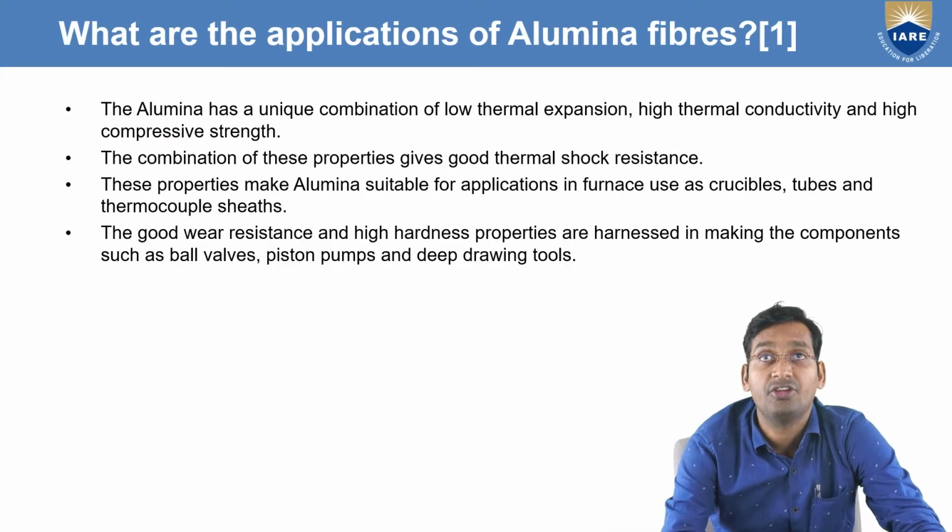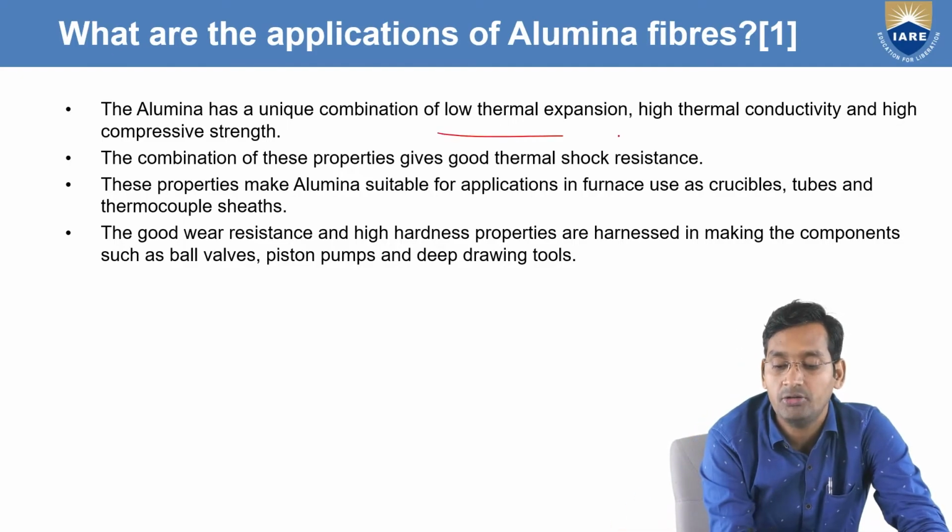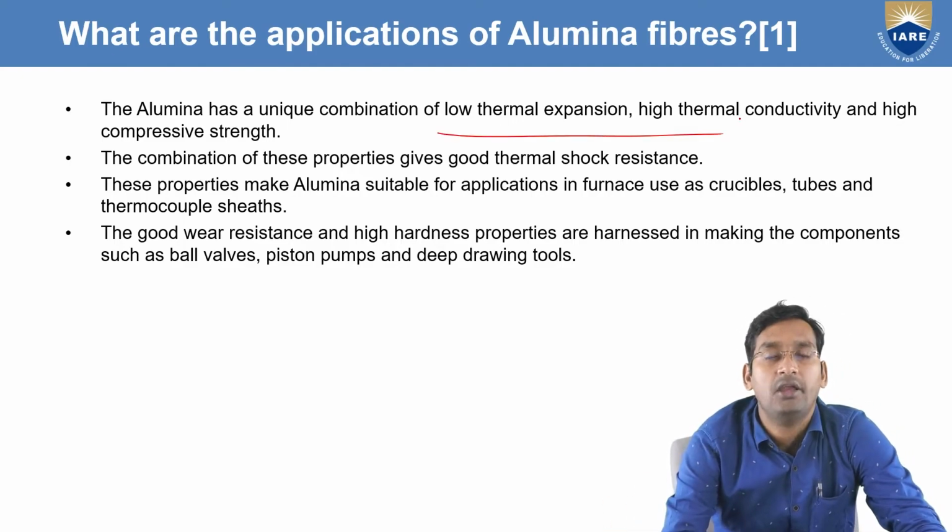What are the applications of alumina fiber? Alumina has a unique combination of low thermal expansion, high thermal conductivity and high compressive strength. Because of these properties, alumina is widely used in aerospace structures. The combination of these properties gives good thermal shock resistance, so they do not change with changing temperature.